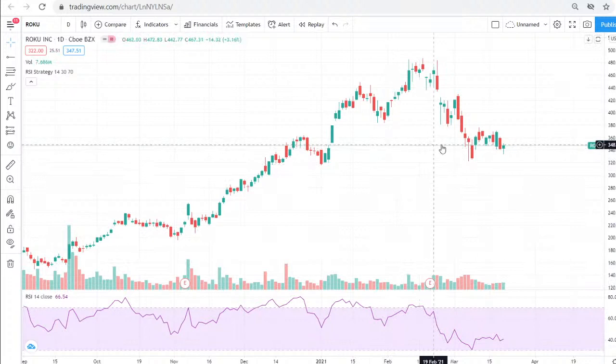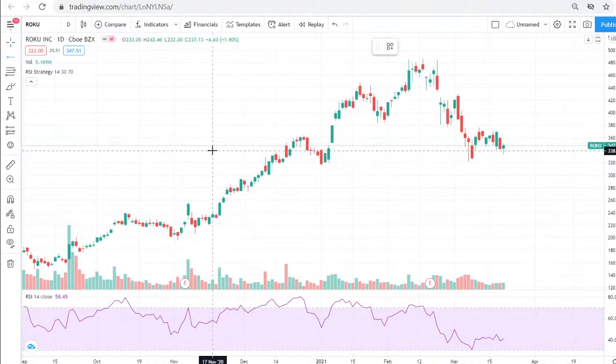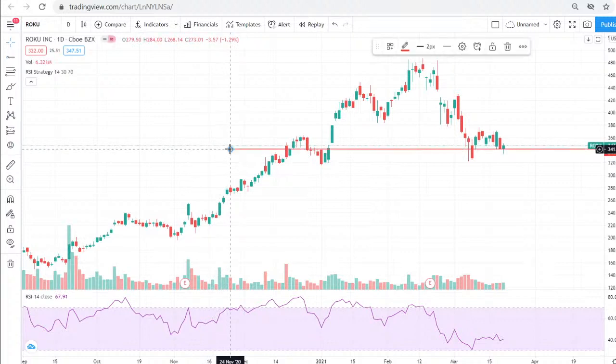Okay, so this stock, let's draw. This is the current support level. I think it is taking a support at this point.